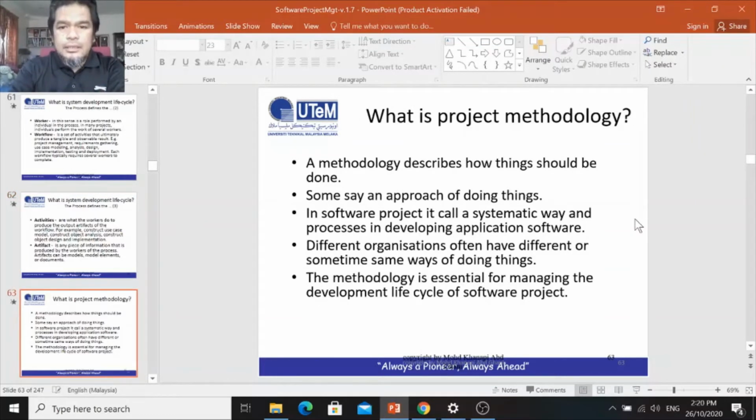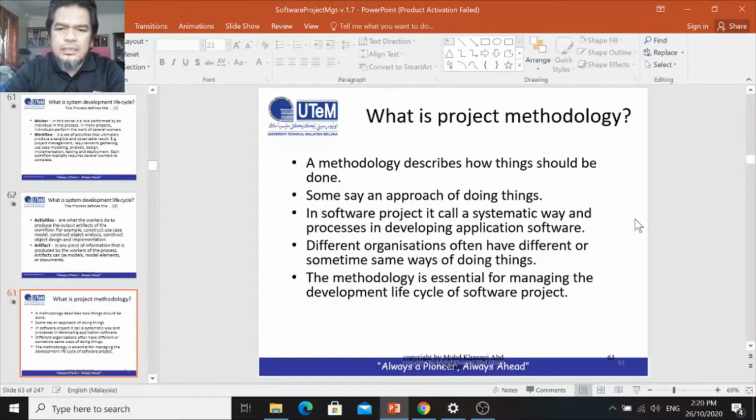Okay, I think I already discussed what a project methodology is. A methodology describes how things should be done. What you need to do is use it as a guide for you to manage the project. Don't use everything. If you think that methodology makes your development process slow, then you need to customize it.